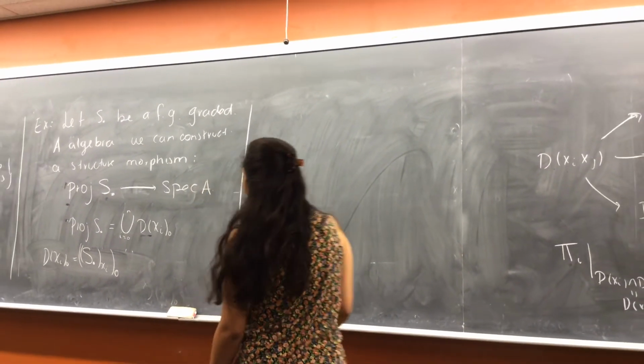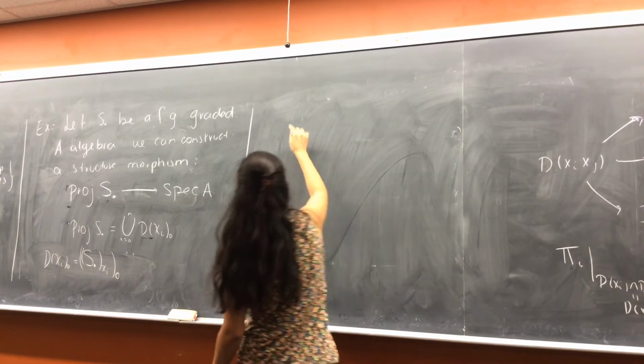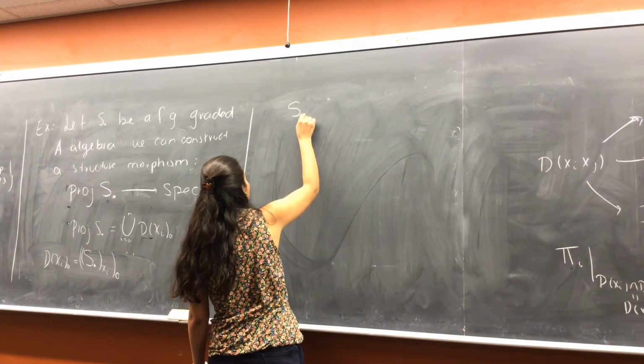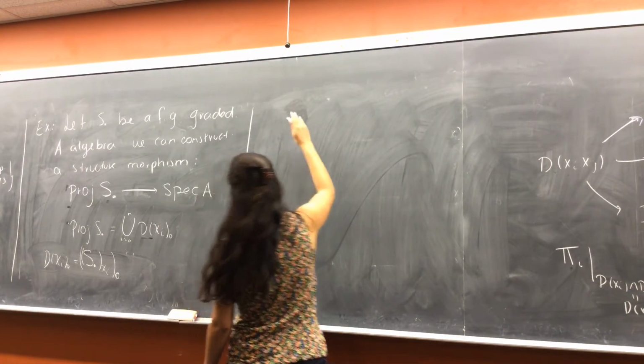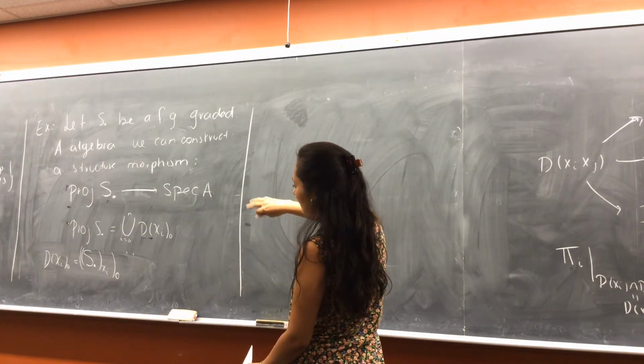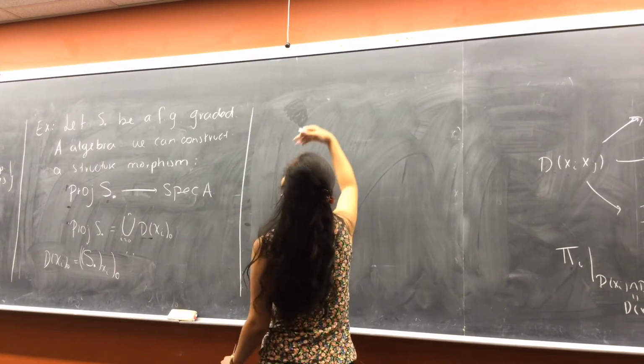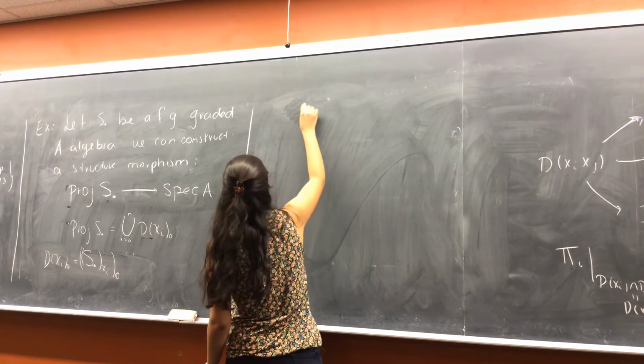So you can maybe guess how we come up with a morphism, thinking in the ring case.